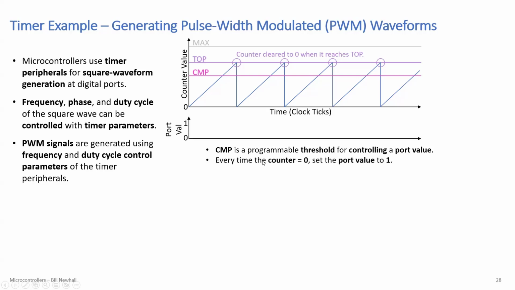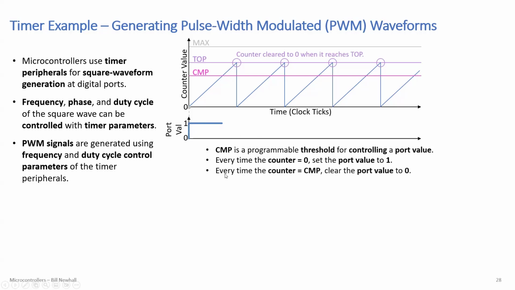Okay. So every time the counter equals 0, when you have the timer peripheral set up a certain way, the microcontroller is going to set the port value to a 1. Right back here, let's start all the way at the left: the counter value is 0, and the port value gets set to a 1. It's going to stay at 1 until something else happens.